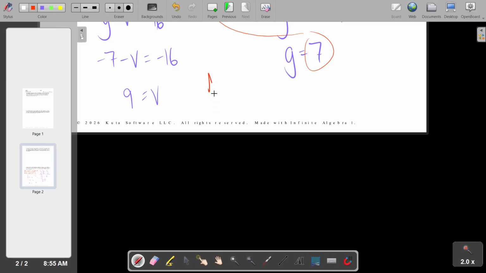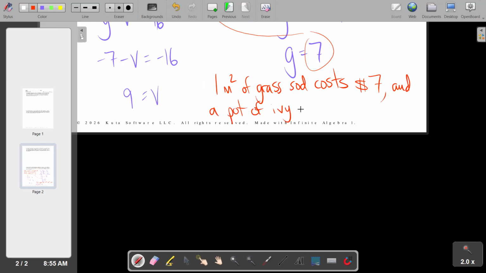So I could start it out by saying something like, 1 square meter of grass sod costs $7, comma, and a pot of ivy costs $9, period.